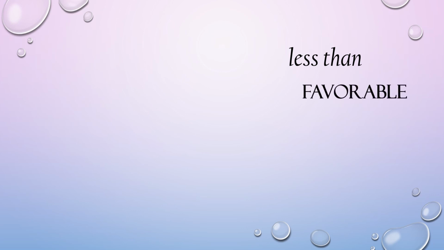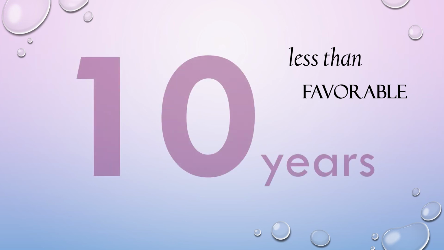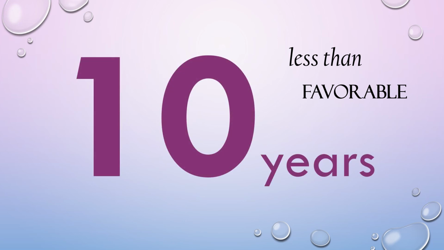They also found that under less than favorable conditions, English learners might not become proficient for 7 to 10 years. For example, if newcomers arrive to a US school with little to no formal education.